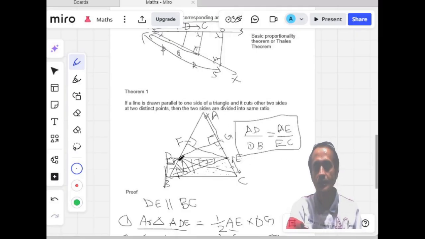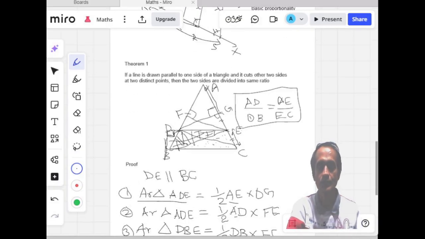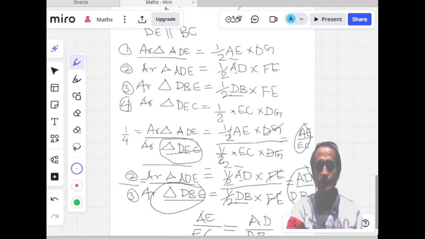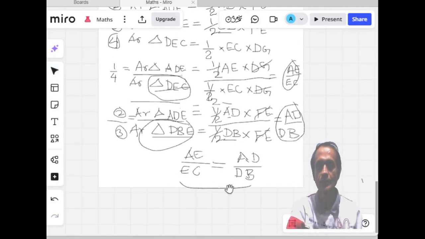That means the two points at which this line divides the sides of the triangle divide them in a proportion. The sides of the triangle are divided in the same ratio.